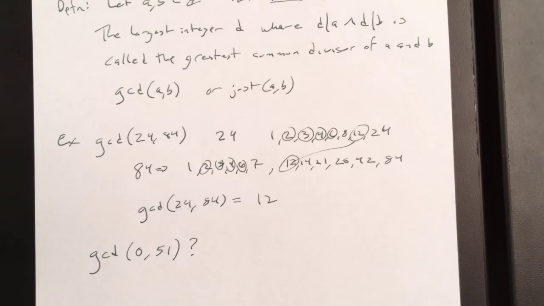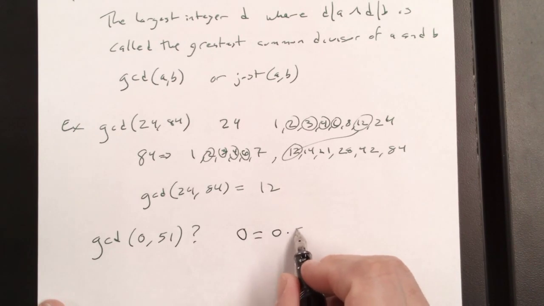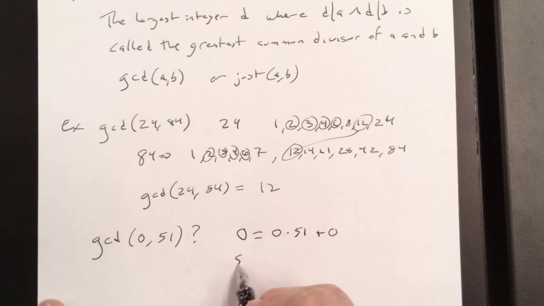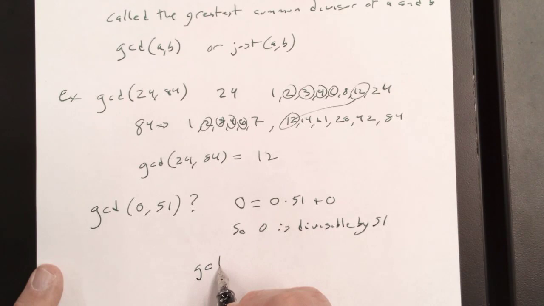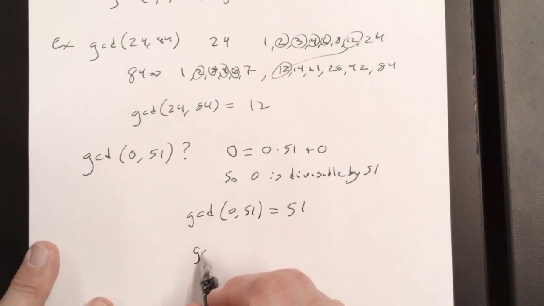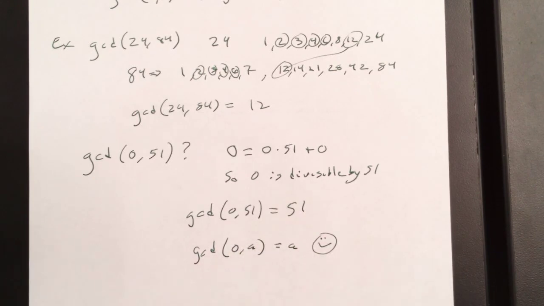The greatest common divisor of 0 and anything is the anything, as long as A is not 0. Remember when I said for the greatest common divisor, they can't both be 0.